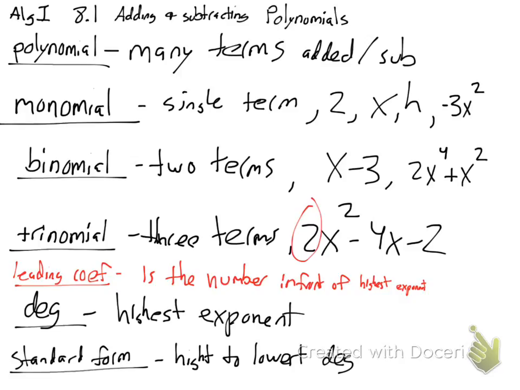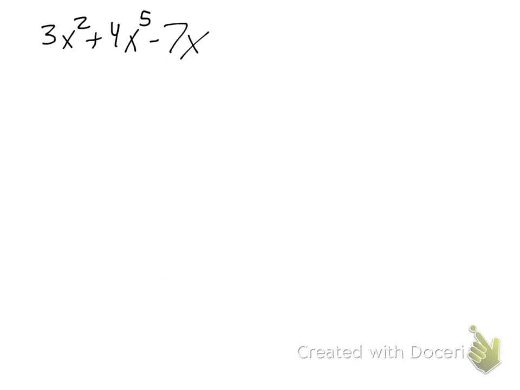Okay? So let's take this problem. I want you to write this in standard form and then identify the leading coefficient. I'll give you guys a couple seconds on your own. So the first thing we should do then is put it into standard form like it asks us, because if it's in standard form, you look to the front, you got your leading coefficient.